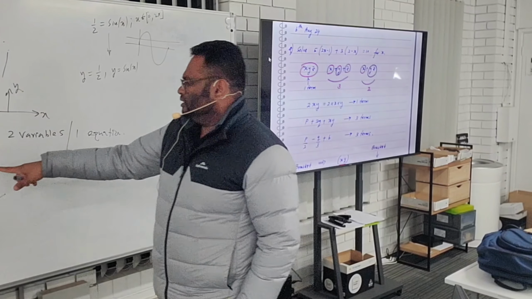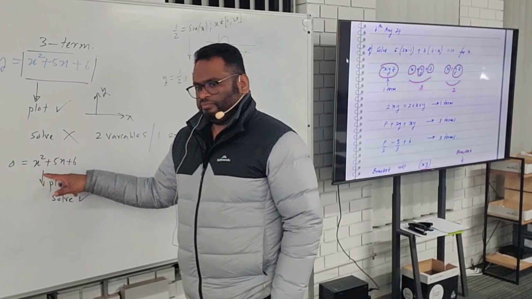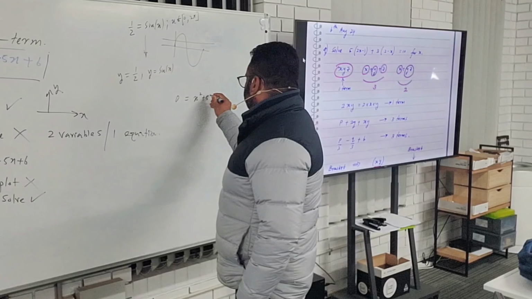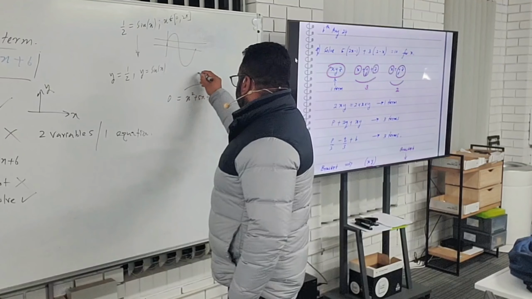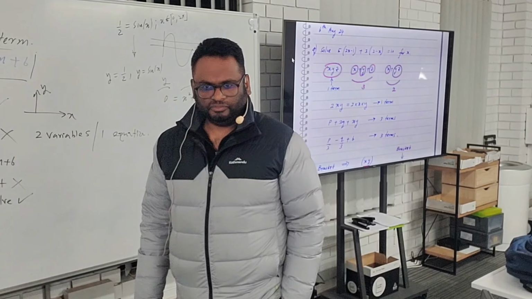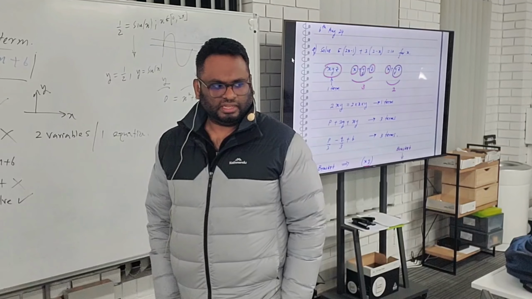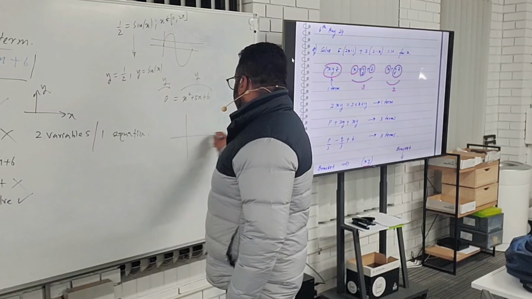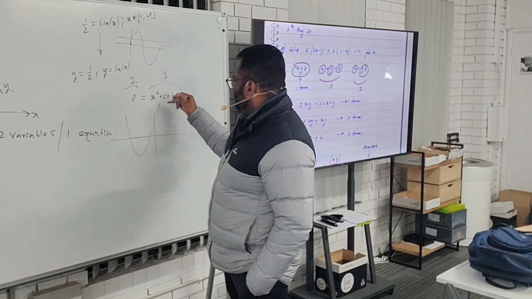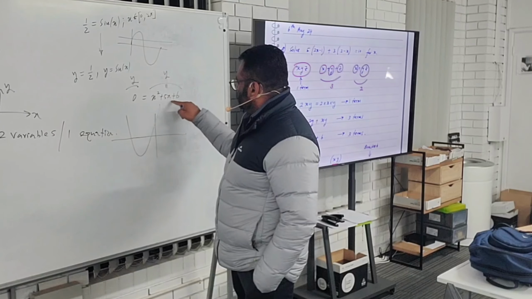So similarly, you can do the same thing here. If you have something like 0 is equal to x squared plus 5x plus 6, you can consider this to be y and this to be y. So this logic you can use anywhere. This guy you can plot like this. What you are plotting here is y is equal to this.